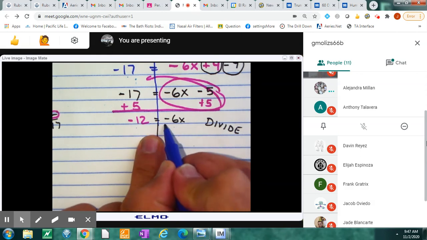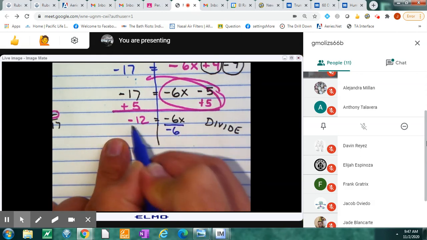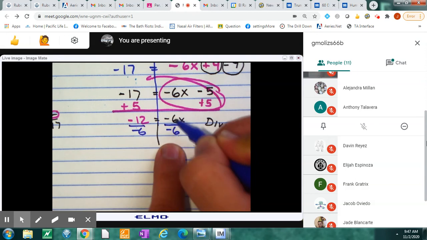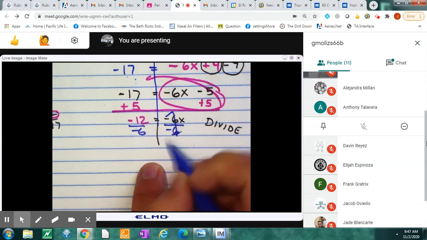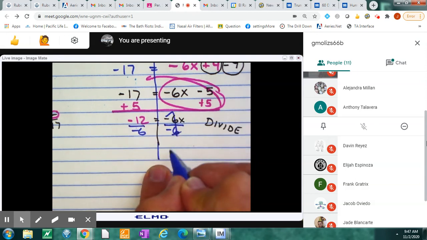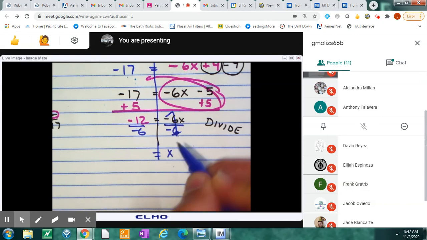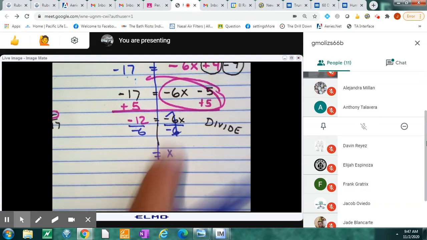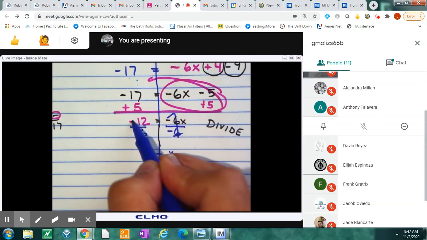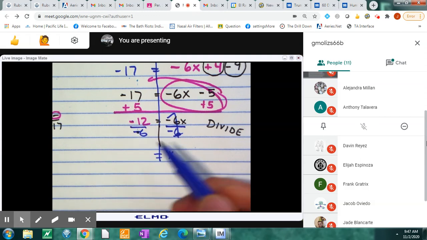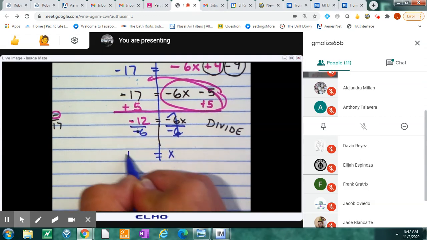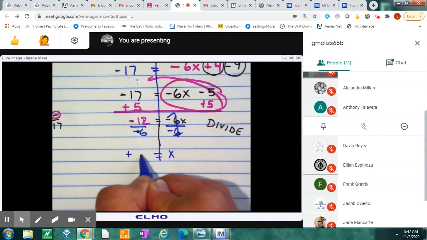Very good, because it's on this side. Negative 6, because when you divide, that's going to be a 1. That's what you want. You want a 1x. But we don't put 1x. We just put x. It's the invisible 1. So now, what's negative divided by negative? It's a positive, right? And then 12 divided by 6. The answer is 2.